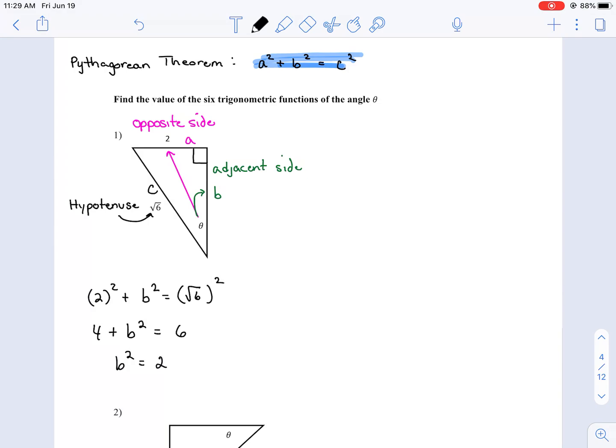So b squared is equal to 2, which implies that b is equal to plus or minus the square root of 2. And for right now, we're going to disregard the negative square root of 2, and we're going to only work with the positive square root of 2 until later on in the chapter, when we will introduce when we use the negative solution. So for right now, we're only going to use the positive square root of 2.